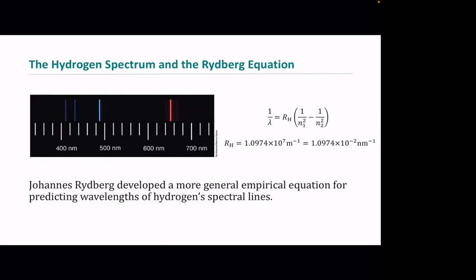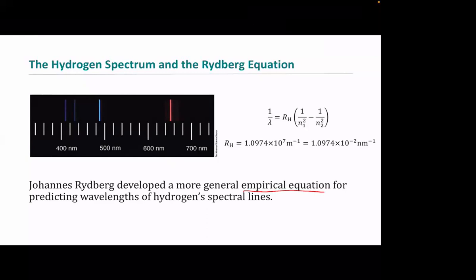And this is an empirical equation. What does that mean to you? Empirical equation. If I say something's an empirical equation, what's that mean? Means it's just based on data. There's no theory behind it.